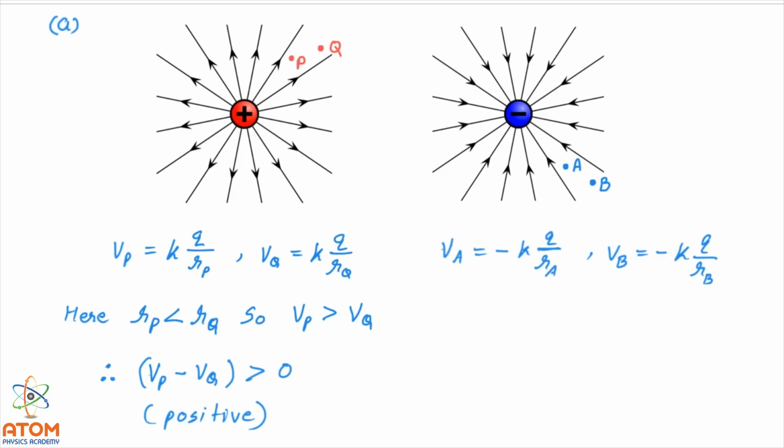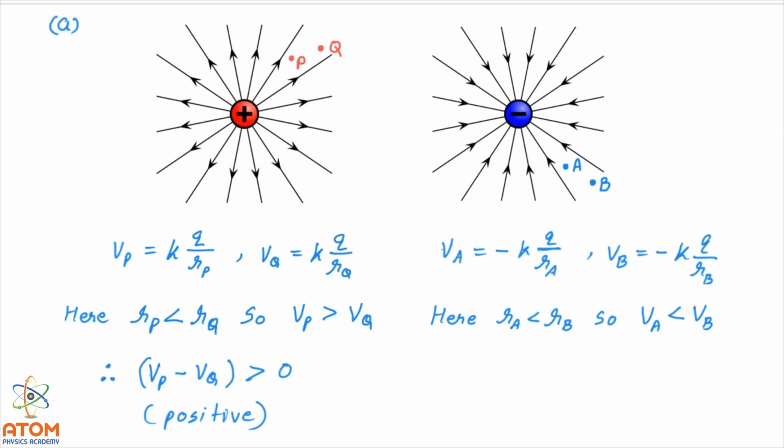Here also the distance of point A, that is Ra, is less than the distance of point B, that is Rb. And so we can write that Va will be less than Vb. Mind well, it will be less than. The reason is the negative sign here.